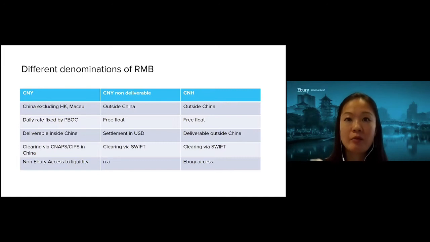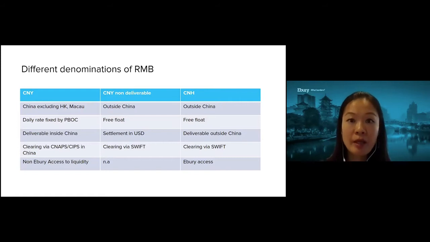We can actually find three different denominations. CNY. So this is the denomination of the RMB that is traded purely inside China, which doesn't include Hong Kong or Macau. So this rate, the CNY rate against all the major currencies, it's daily fixed by PBOC based on a basket of currencies that the RMB is linked to.